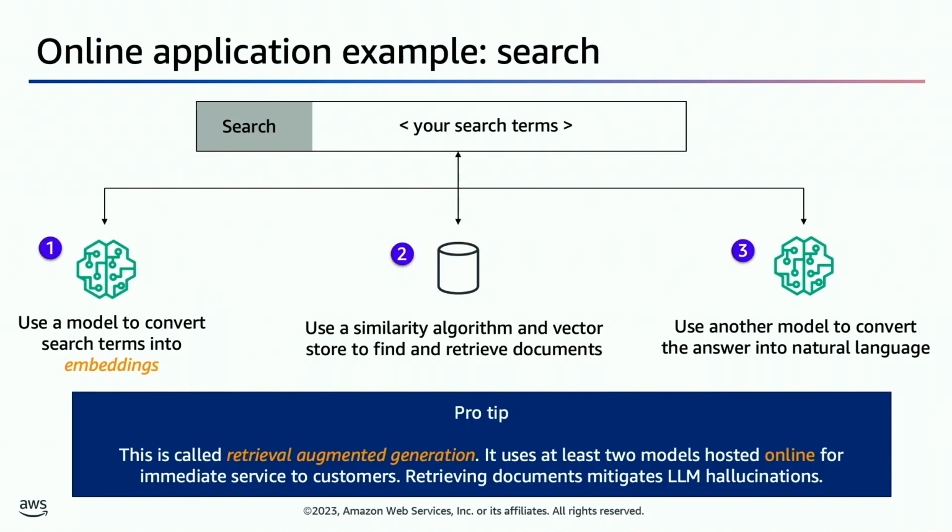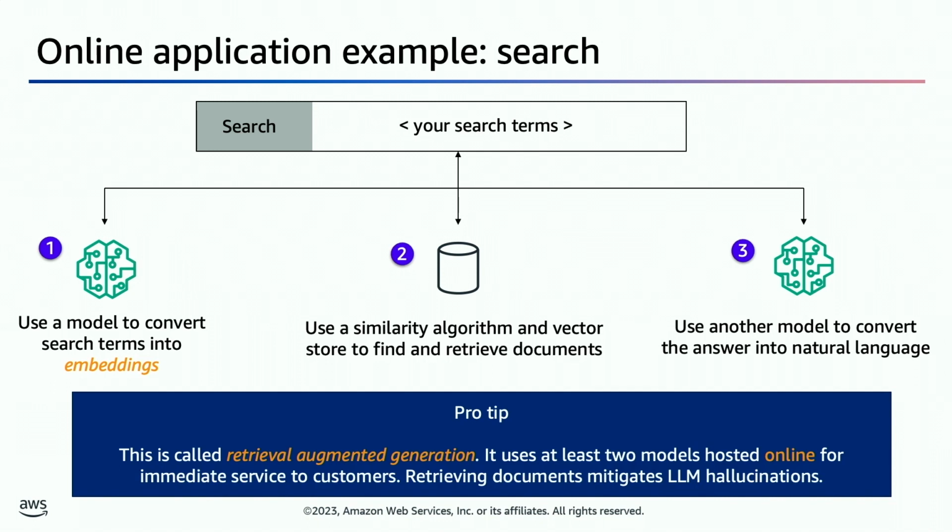So one online application is search. Let's say I give you a search bar, some search browser, and you type in your search terms. I'm going to take your search terms and use a model to convert those search terms into something called an embedding. An embedding is a dense representation, which is a fancy way of saying a list.